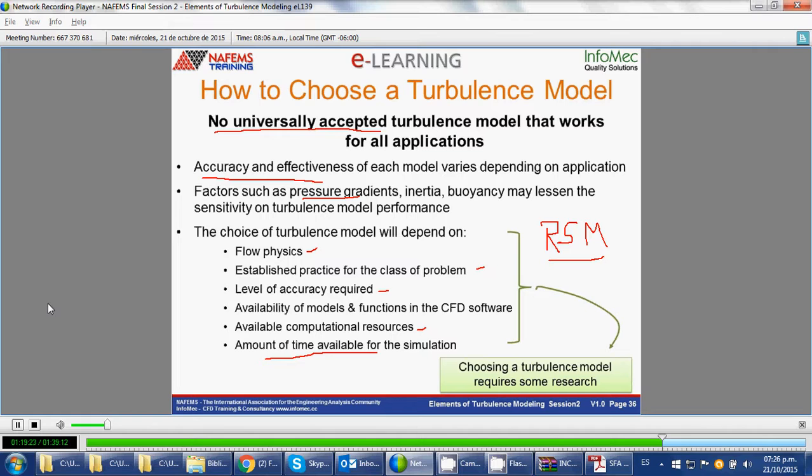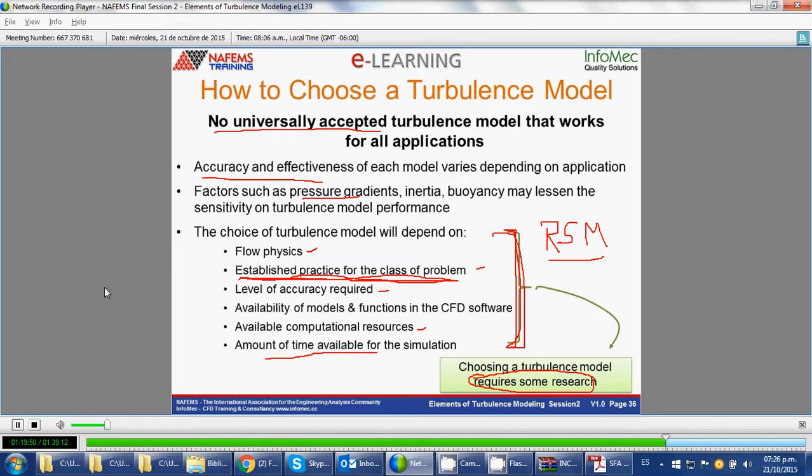So in order to look at these factors, you've got to do some research, all right? Mainly to see, for your type of problem, what is the established practice? Because people have looked at these things in many different applications.